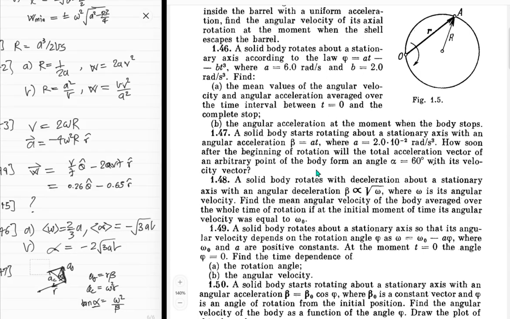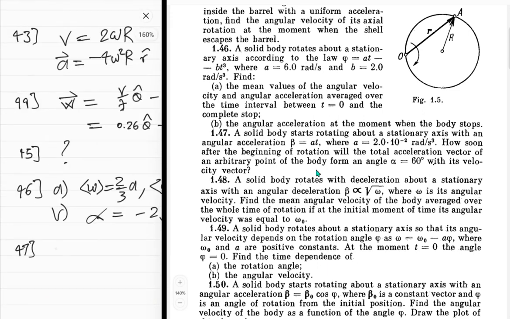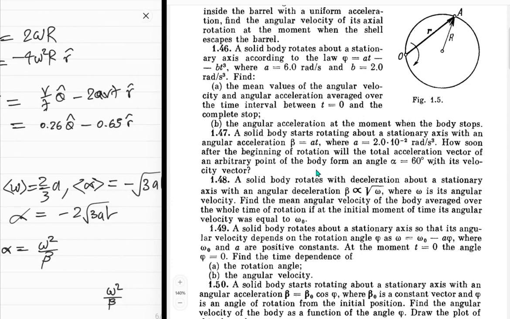Now omega squared is the main thing. Beta is already given to us. So tan alpha is equal to omega squared upon beta, and you have the angular acceleration given. What is omega squared going to be? It says it starts rotating, so I'm going to assume that initially omega was 0.